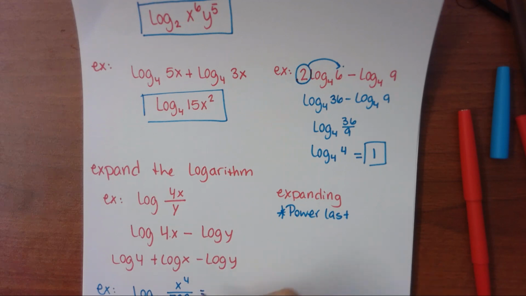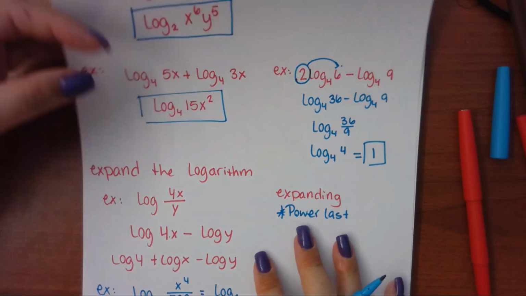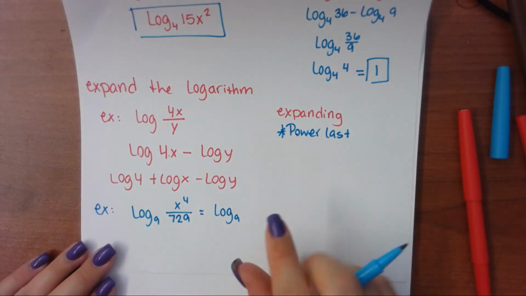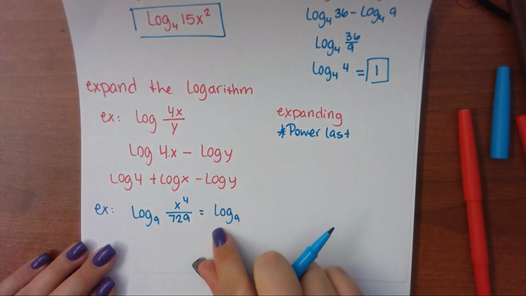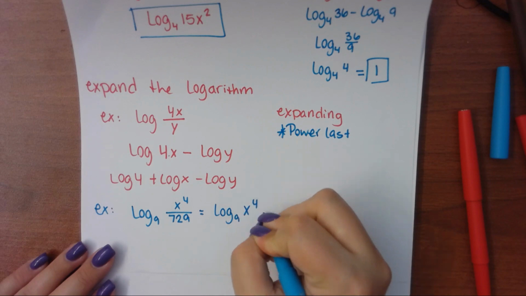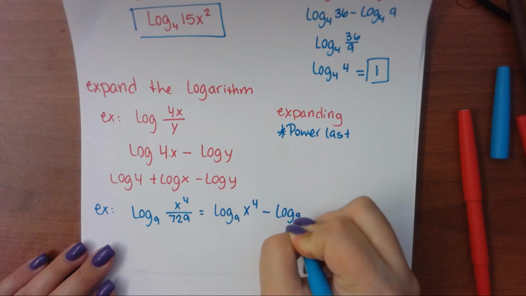I'm going to do the subtraction first, so this becomes log base 9. Oh, I'm sorry. I should have pulled this up. So x to the 4th over 729. I would have log base 9 of x to the 4th minus log base 9 of 729.